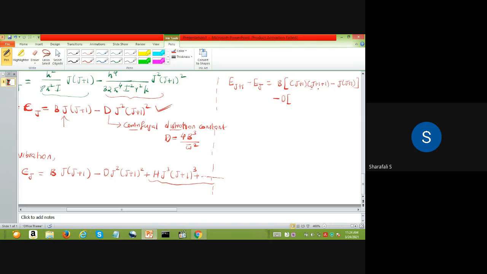So this is for the J plus 1 state, this is for the J state. And D times for J plus 1 will come as J plus 1 square, because we have J square here. So J plus 1 square into J plus 1 plus 1 square, so it will become J plus 2 square, right?